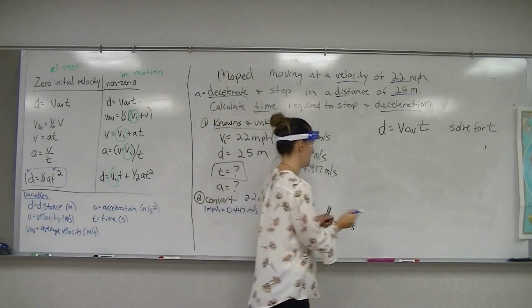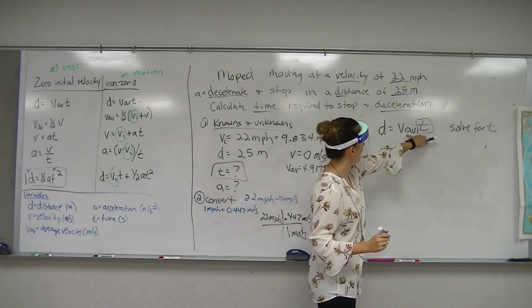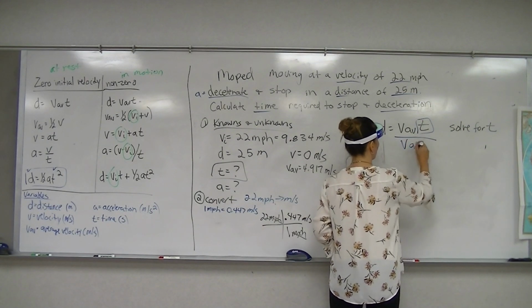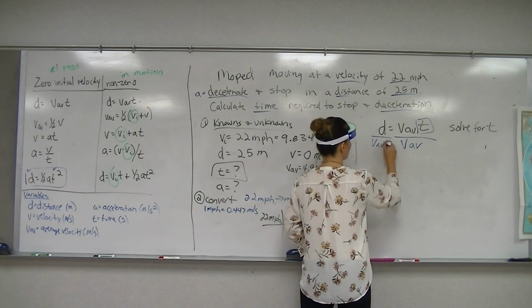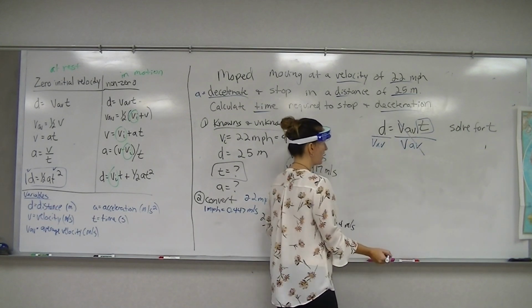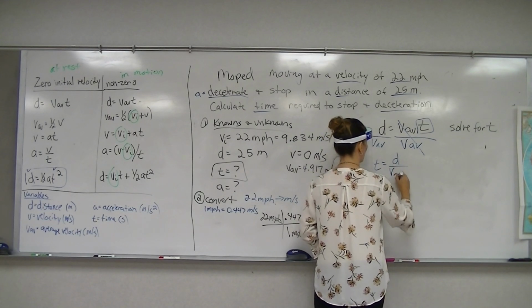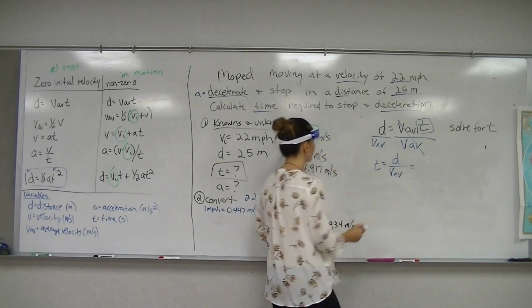We want T all by its lonesome. So right now, we're multiplying average velocity by time. So to get rid of average velocity, we're going to do the opposite operation, which is divide. We divide both sides by the average velocity, it cancels out on one side, and we get a rearranged equation where time is equal to distance divided by average velocity.